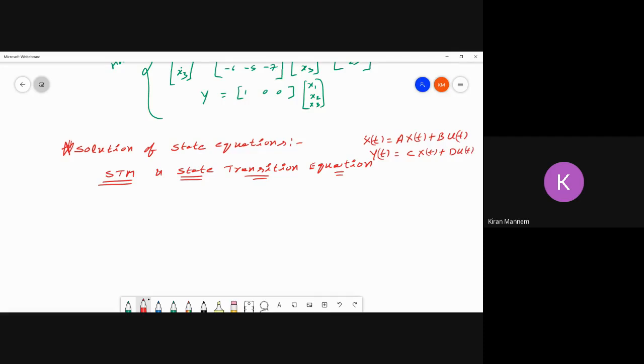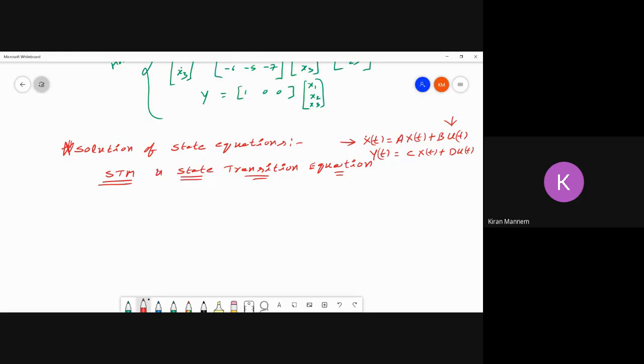So to solve this state equation, let us start with one condition, that is the unforced equation. Unforced equation means without your input function. Let us find out the solution for the equation without forcing function. So I'll write it here. I can say it's a homogeneous state equation.